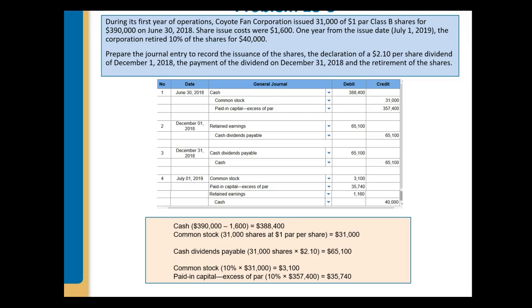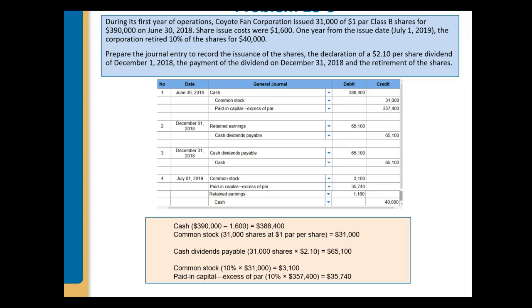On July 1st, we are retiring some of the shares. So we are going to debit the common stock for just the par value.